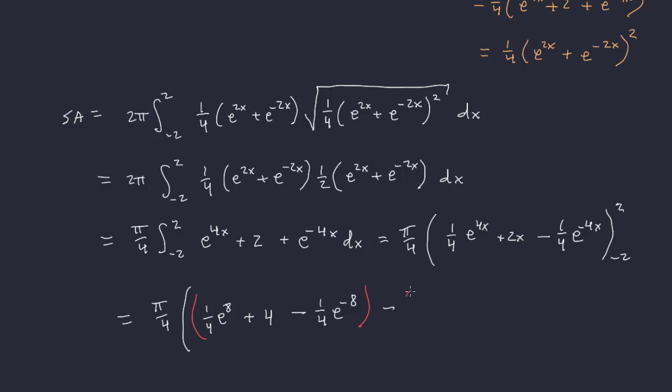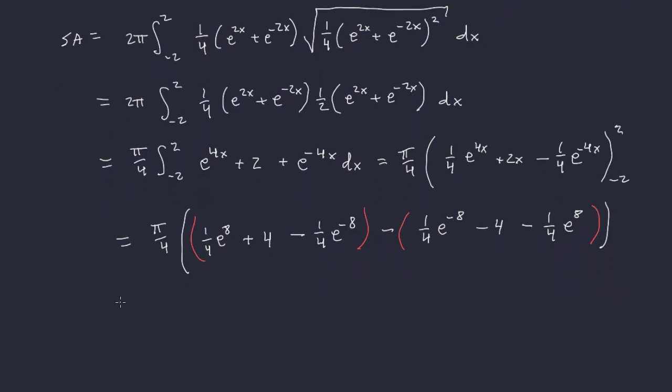So we'll get 1/4 e^(-8) minus 4, then minus 1/4 e^8. So we'll get pi over 4.